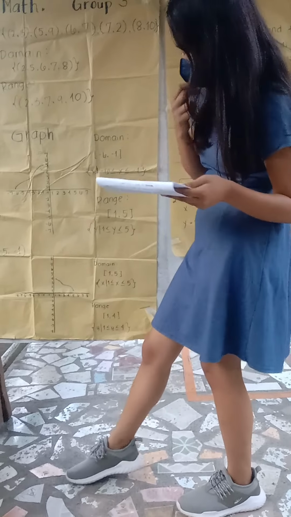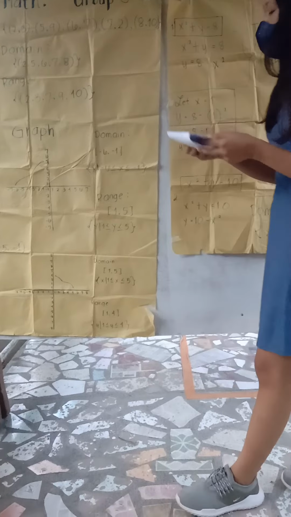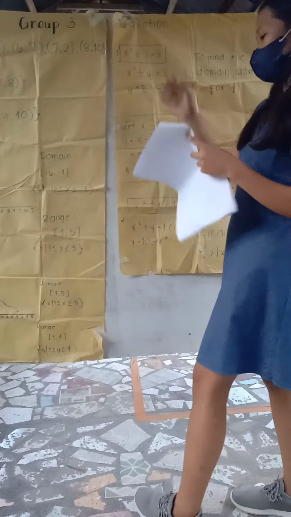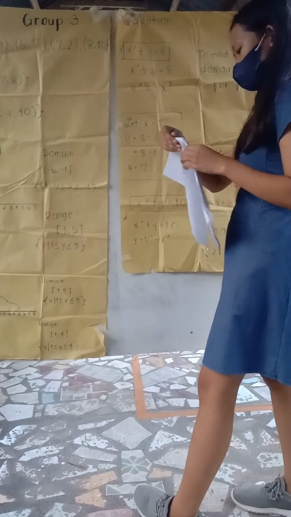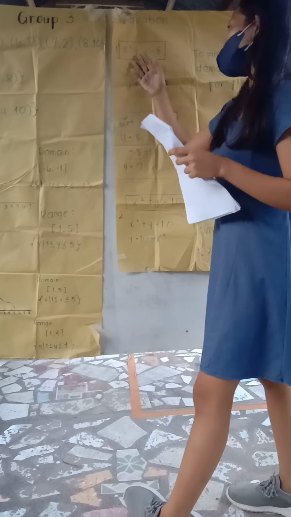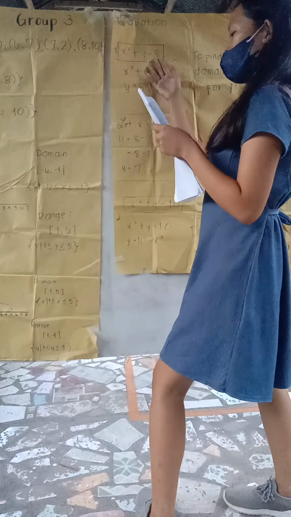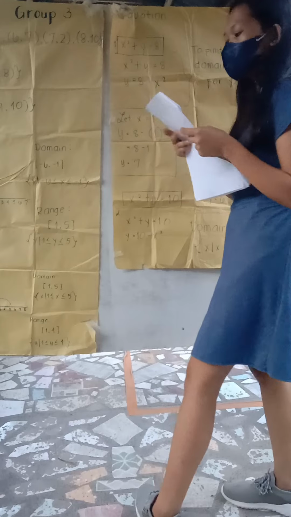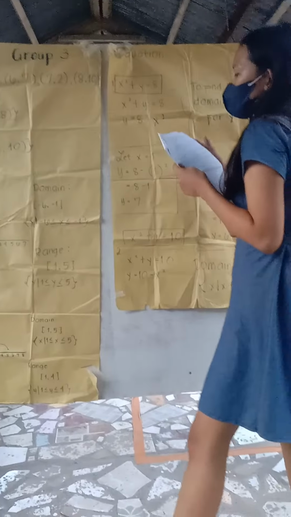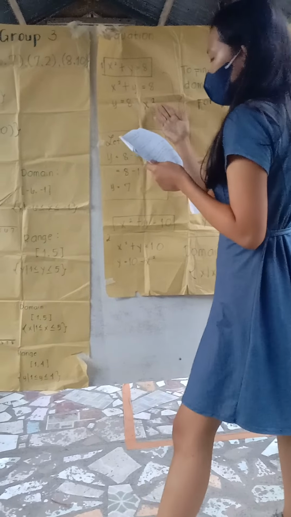Same process for the next example. So now, our next example is the equation. So we have here x squared plus y is equal to 8. To find the domain, solve for y. The x squared is transferred to the right side next to positive 8.